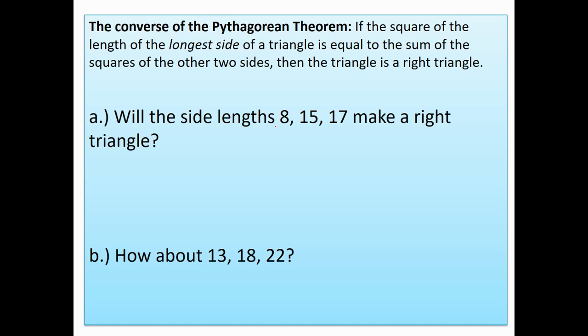Okay, and then the converse of the Pythagorean theorem just says the reverse. So I'll ask you questions like this: Will these side lengths make a right triangle? And all you have to do is pretend like the biggest one would be the hypotenuse, and then see if the other two add up. So in this case, we'd have to do 13 squared plus 18 squared, and ask, does that equal 22 squared?